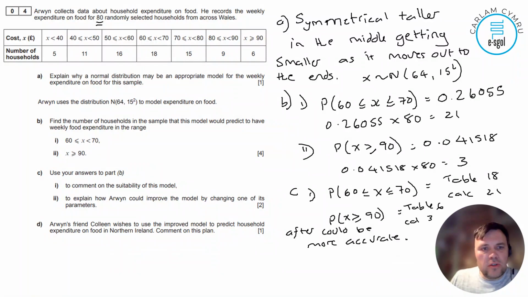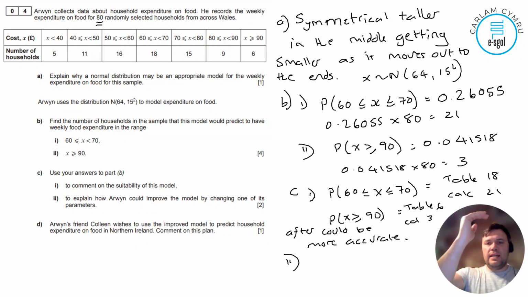Then part 2 asks you to explain how Ron could improve the model by changing one of the parameters. Well, as I said before in the previous slide, if I was to change the mean, it would just move it across. Well, I don't need to move it across, I need to flatten it down.